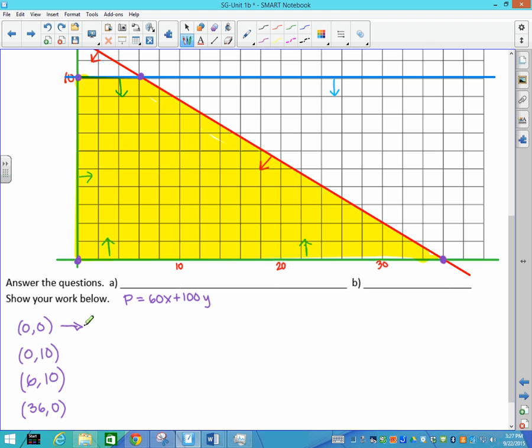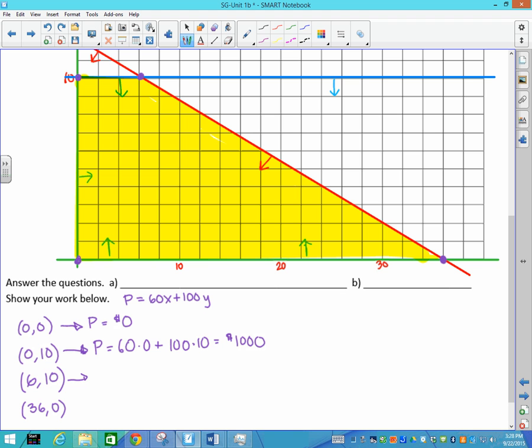When I put in 0, 0, of course, my profit is equal to 0. If I put in 0, 10, then P is equal to 60 times 0 plus 100 times 10, and that is a total of $1,000.